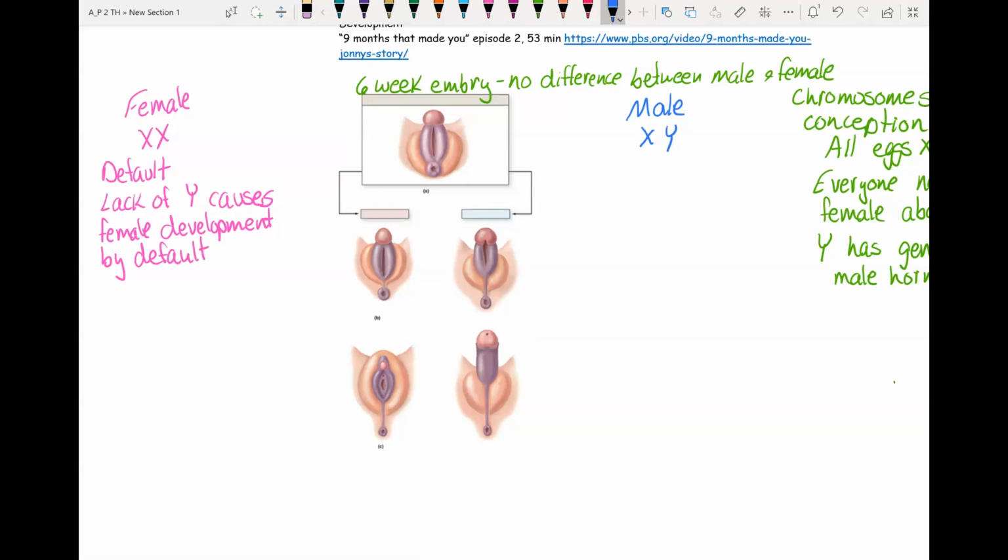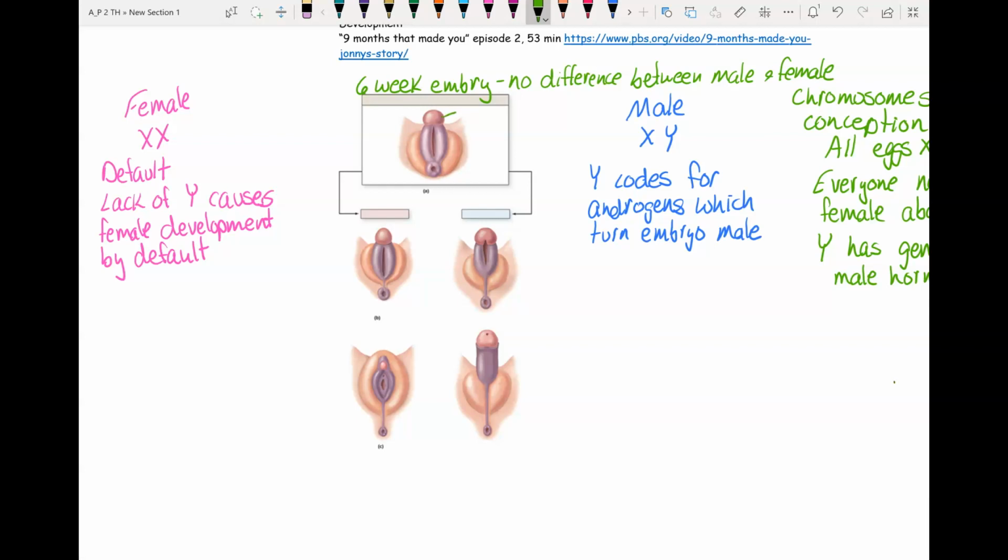And in a male, having the Y, it codes for androgens. And then those androgens turn the embryo male. So here at the 6-week embryo, the structures are the same.